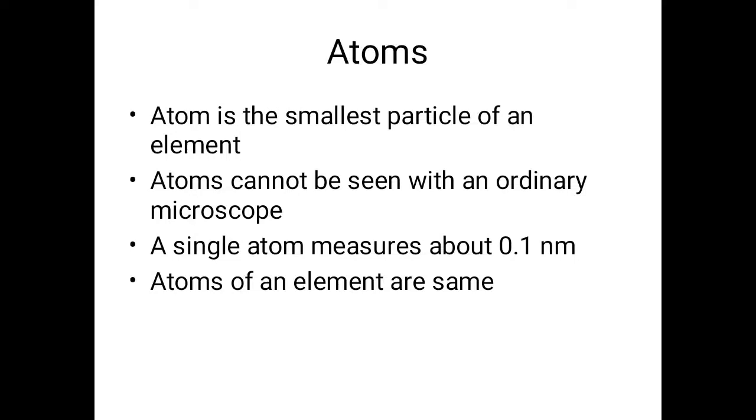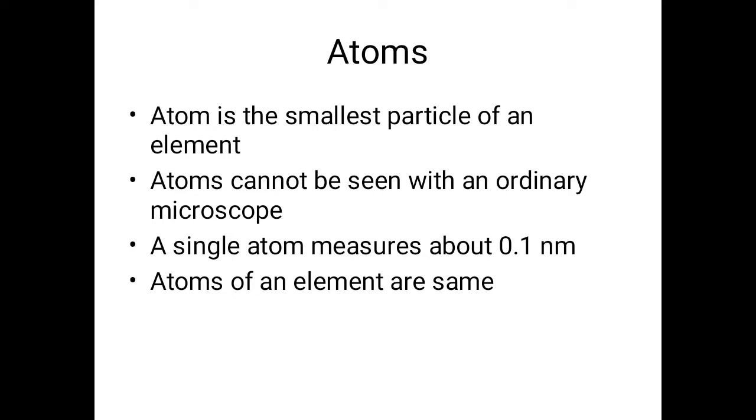And atoms cannot be seen with an ordinary microscope because they are very, very small particles. And you know what? A single atom measures about 0.1 nanometer. 0.1 nanometer means 10 raised to the power minus 9 meter.